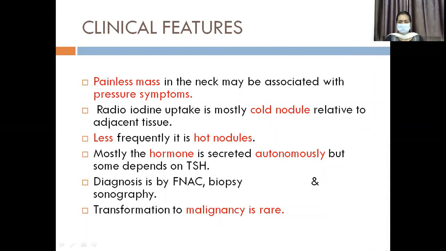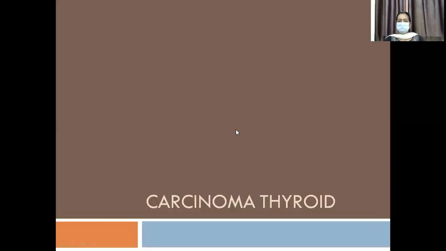Usually the functioning of the solitary nodule is less seen, that's why it's not hot. Mostly the hormone is secreted autonomously but depends on TSH. So anyways, the diagnosis of thyroid is largely dependent on FNAC and biopsy.